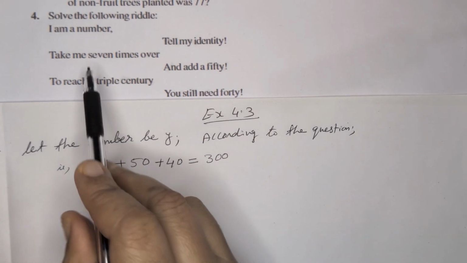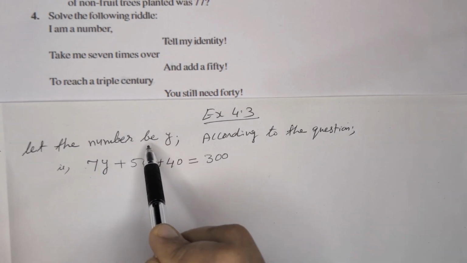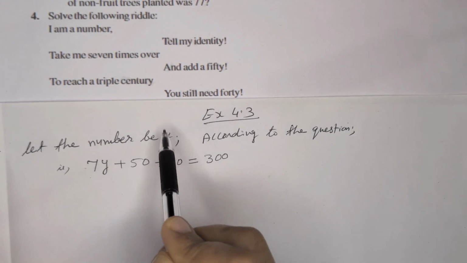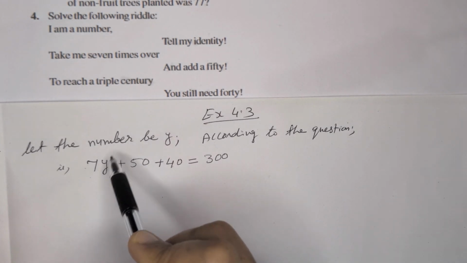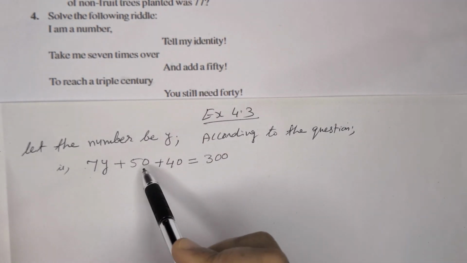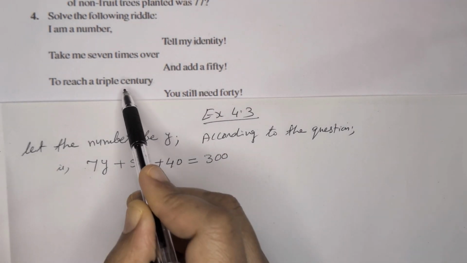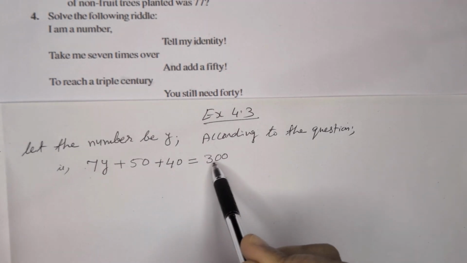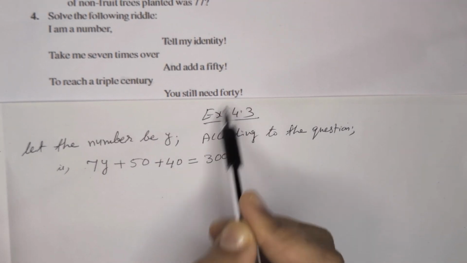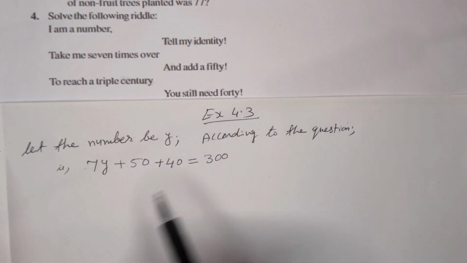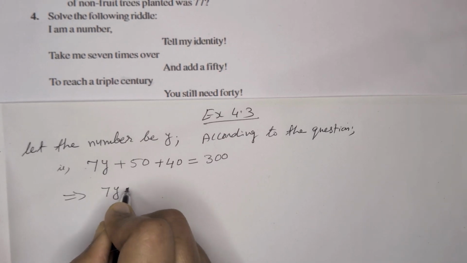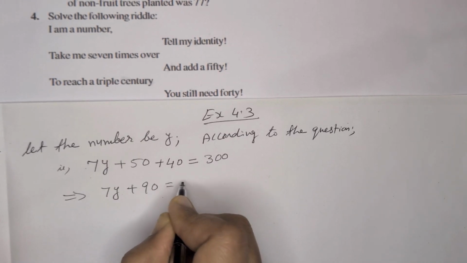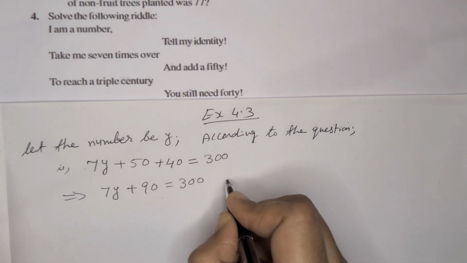So once more, let the number be y. Take me 7 times over, 7y, and add 50 plus 50 to reach a triple century, which means 300. You still need 40, so we have to add 40 here. That means 7y plus 90 is equal to 300.